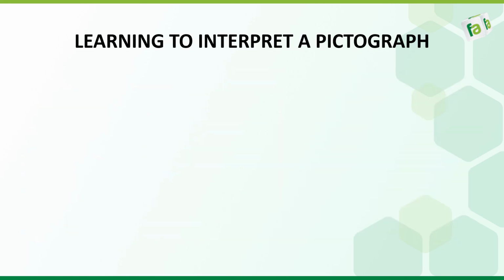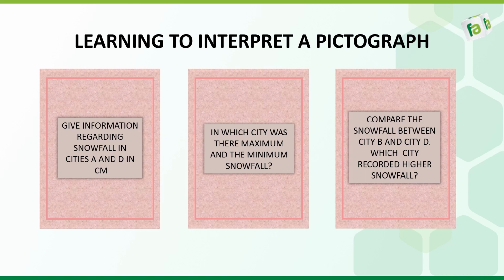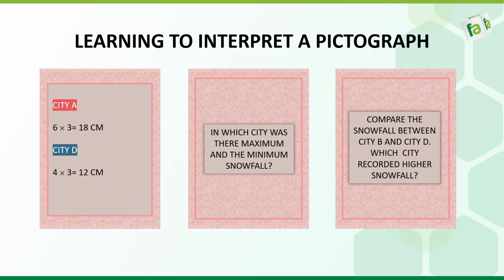Now let us find the answers together. Our first question is to give information regarding snowfall in cities A and D in centimeters. We see 6 clouds corresponding to city A. So, we will simply multiply 6 by 3, which is the amount of snowfall per cloud.